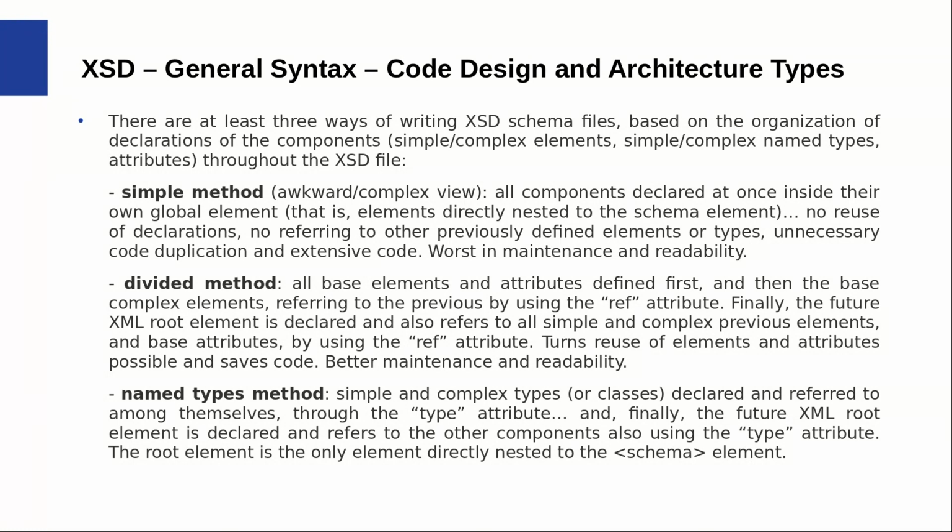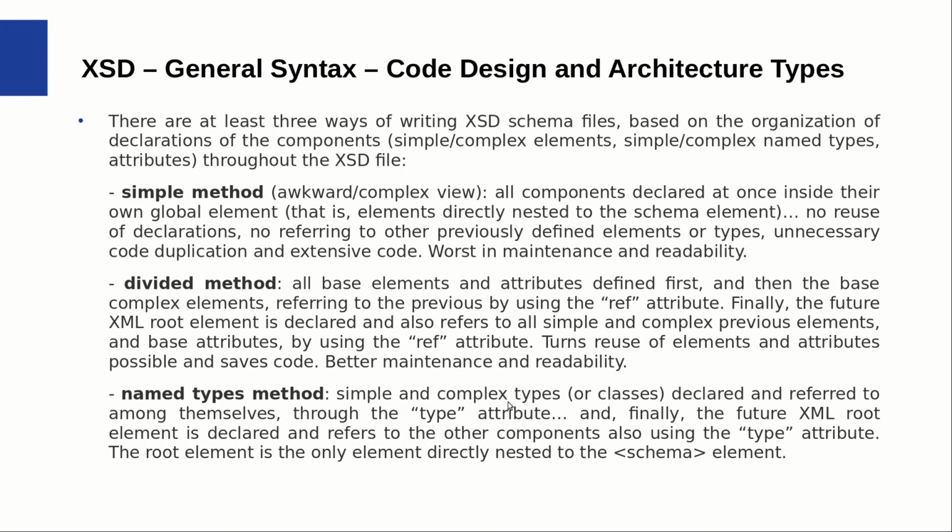That's why it's called named types, because as you declare the types, both the simple and the complex, in order to be reused later at the element declarations, you must give a name to them.